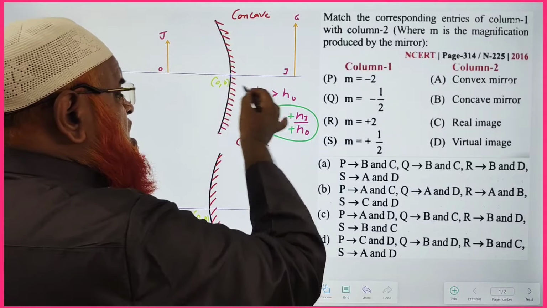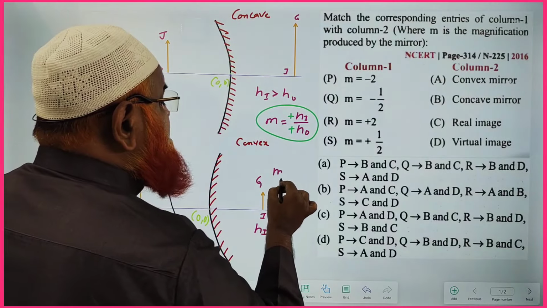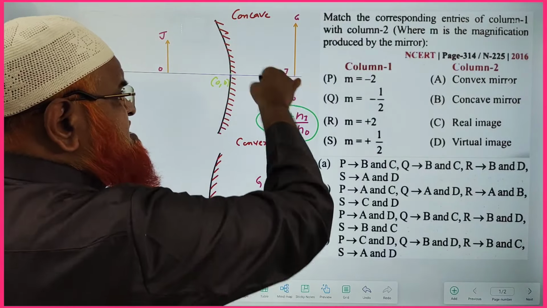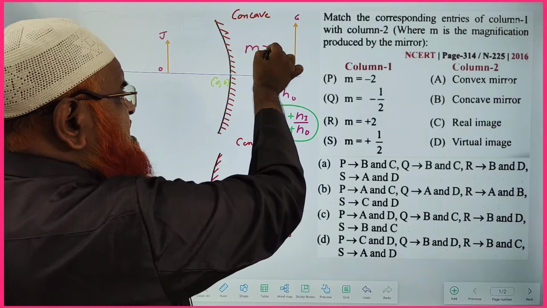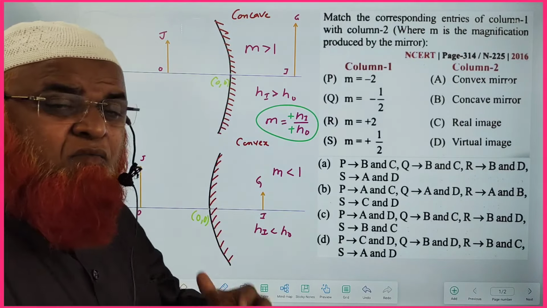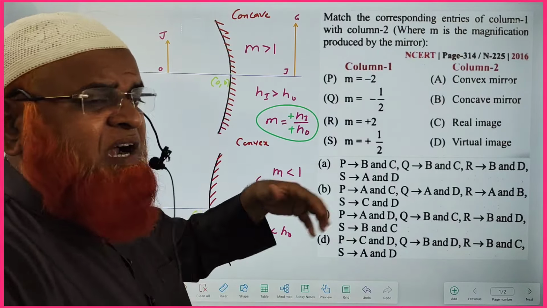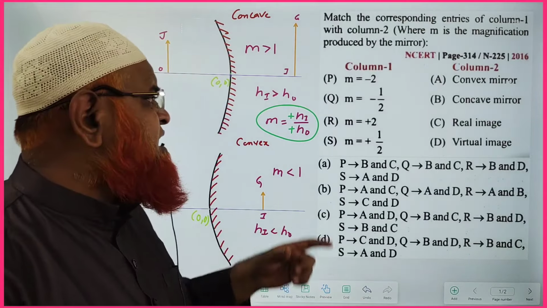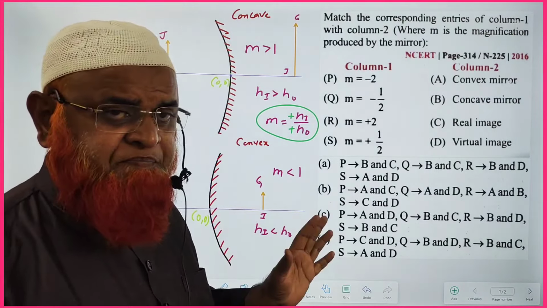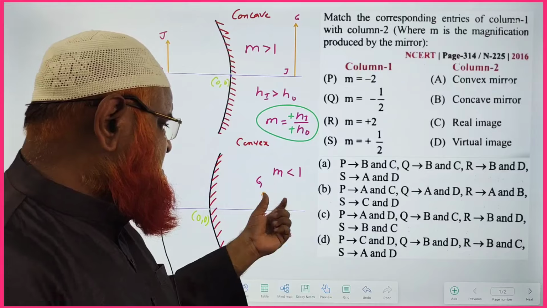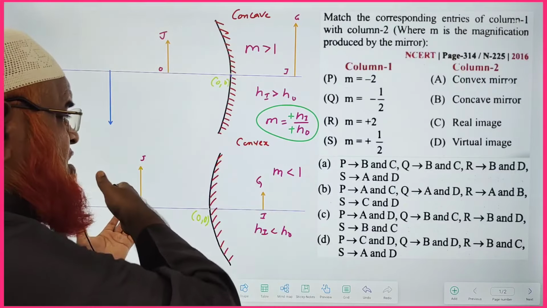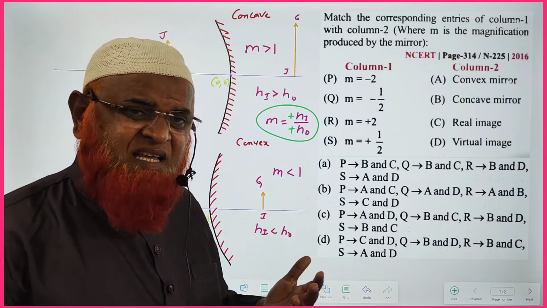When the image is smaller than the object, magnification will be less than 1. When the image is greater than the object, magnification is greater than 1, because when the numerator is larger than the denominator, you will get greater than 1. When the image is lesser than the object, you will get magnification less than 1.